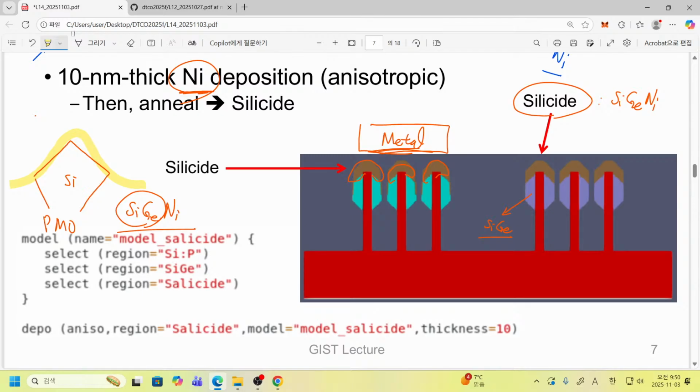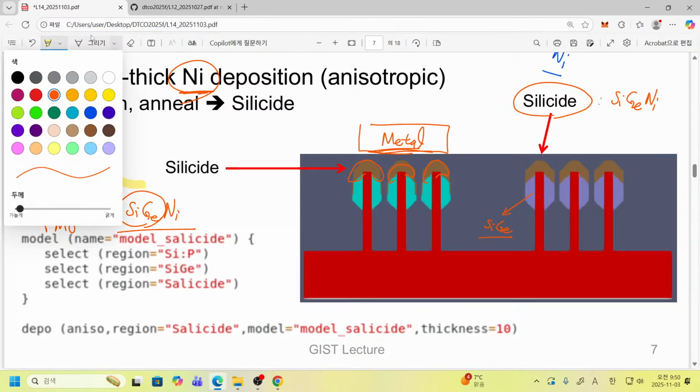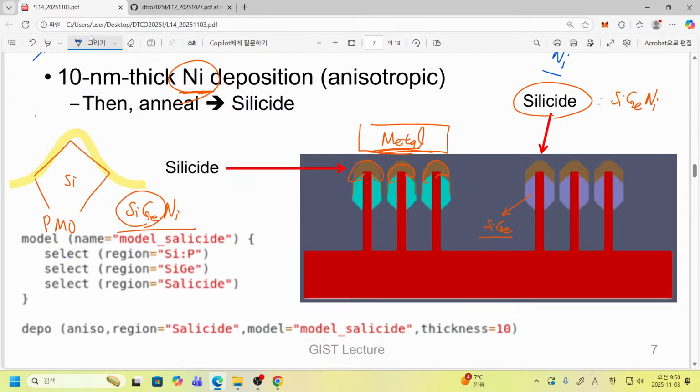After that, by applying certain heat, the nickel becomes silicide. However, when this reaction is over, can you find a layer of nickel silicide with the silicon still keeping its own shape?